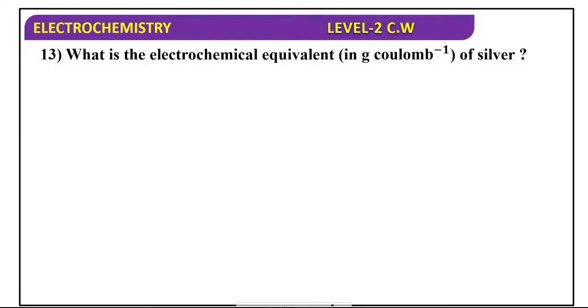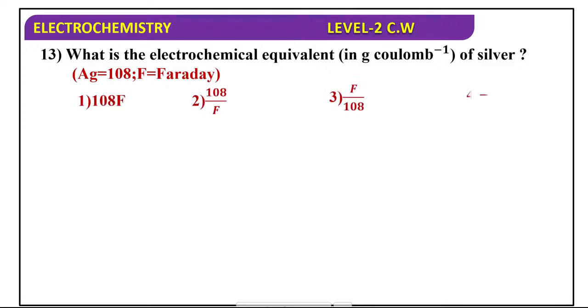What is the electrochemical equivalent of silver? Yes, beta. What is the electrochemical equivalent in gram per coulomb of silver?